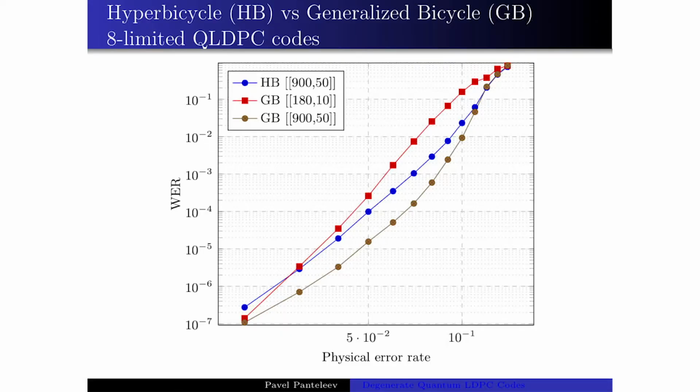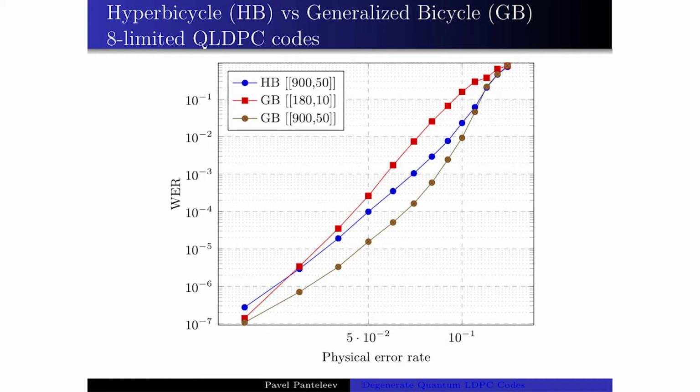Here you can see the simulation results. Here we compare the hyperbicycle code of Kovalev and Pryadko and the new generalized bicycle codes that we constructed. They have similar parameters, and what is really important here is that we managed to construct generalized bicycle codes that are 5 times smaller but have absolutely the same parameters, in terms of minimum distance and in terms of weights of stabilizers.